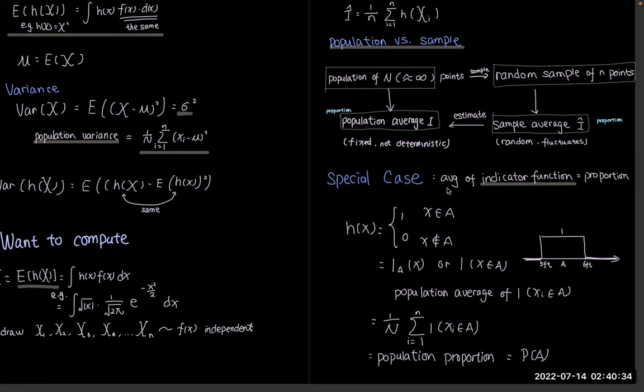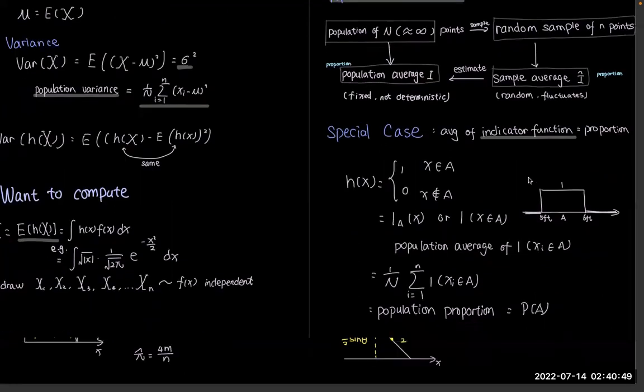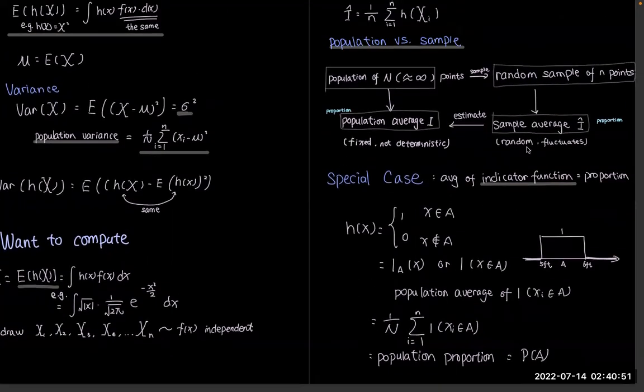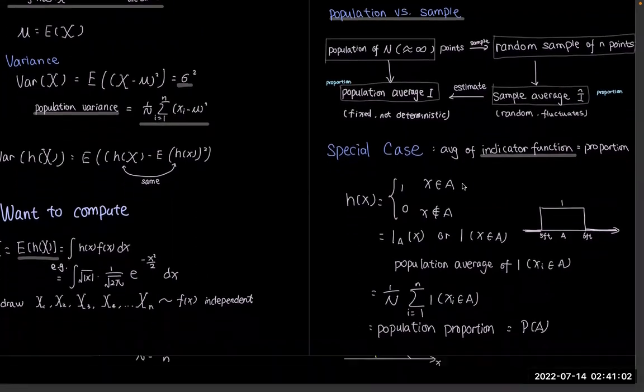The probability for each random point to belong to this region. And then this probability can be estimated by the sample proportion, which is also the sample frequency. So we can use frequency to approximate the probability. Although, as we said before, the frequency, being an average of indicator functions, is random. It fluctuates around the true probability.